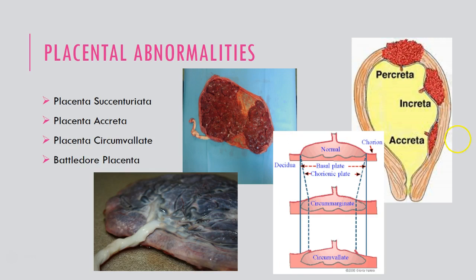So that's really what I want you to focus on, and really not the particular names of these. If it's implanted too deeply, it's not going to separate appropriately. We're going to be looking at a retained placenta potentially, and this patient is going to be at risk for postpartum hemorrhage.